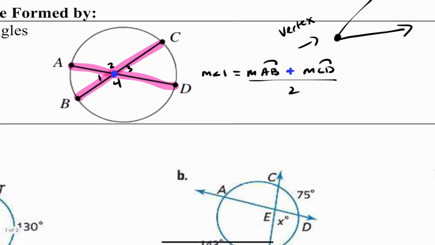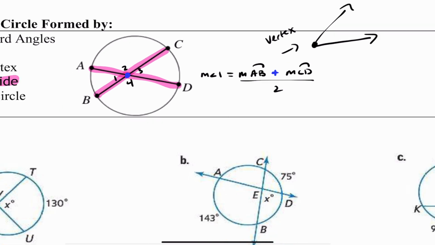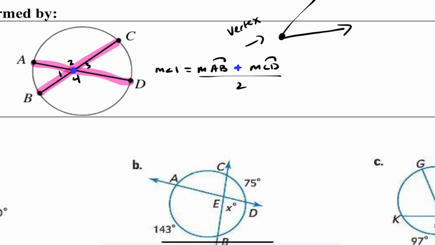Now, because we can figure out the measure of angle 1, that means we can also figure out the measure of angle 3, because these two segments here create vertical angles. So angle 1 and angle 3 must be congruent to each other. So I can go ahead and say measure of angle 1 is equal to all that, but at the same time, it's equal to the measure of angle 3 because of vertical angles.